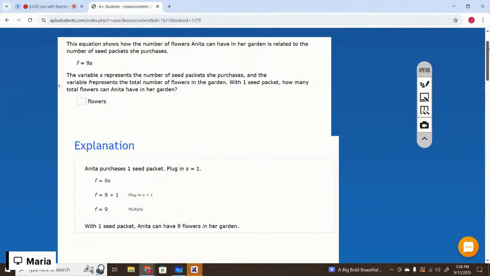F equals 9 times S. The variable S represents the number of seed packets she purchases, and the variable F represents the total number of flowers in the garden. With one seed packet, how many total flowers can Anita have in her garden?